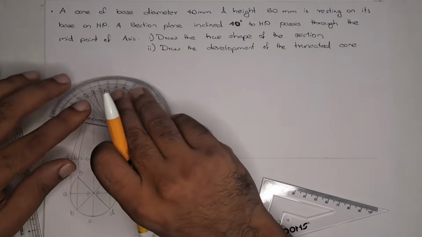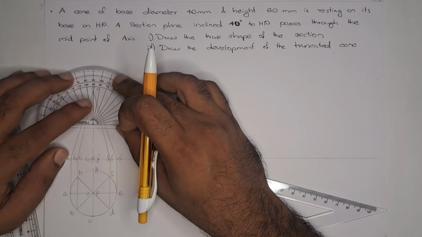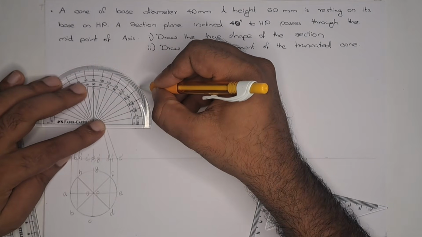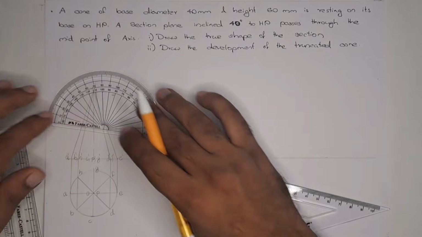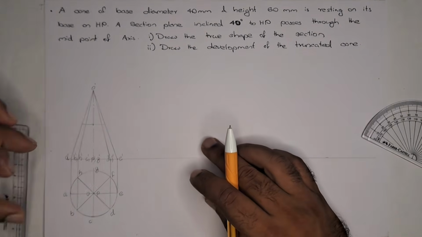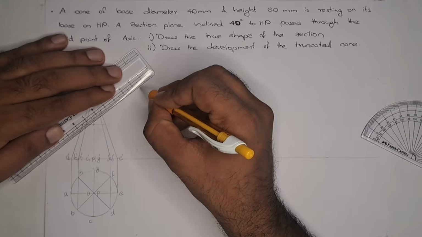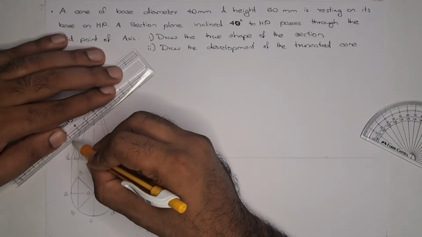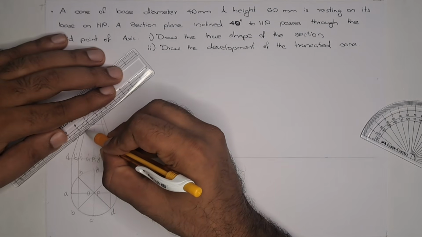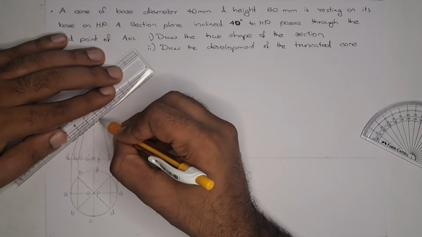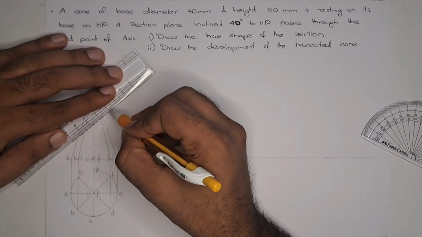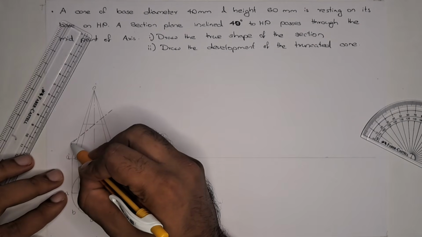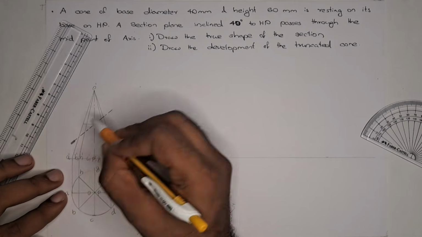Now we mark the 40-degree inclination over here. Now we can complete the section plane and mark it here.